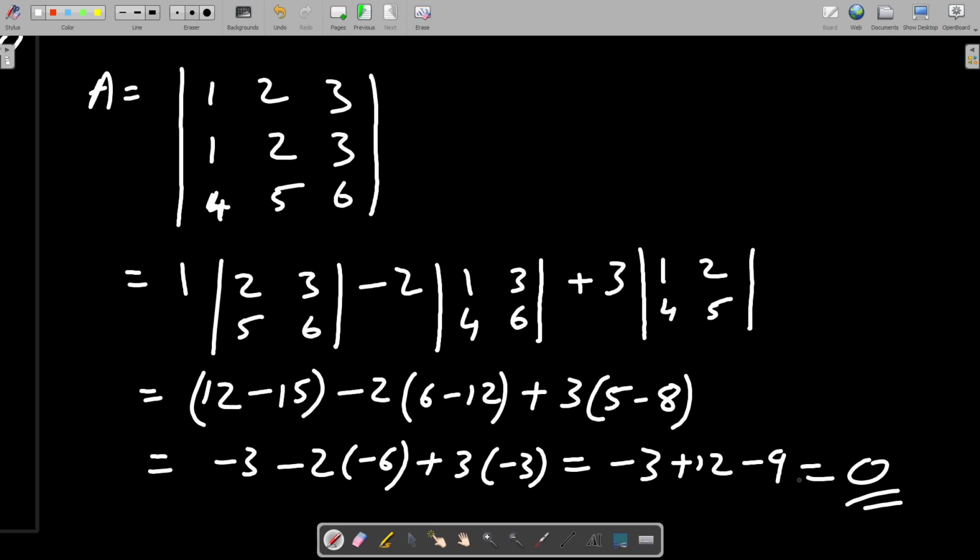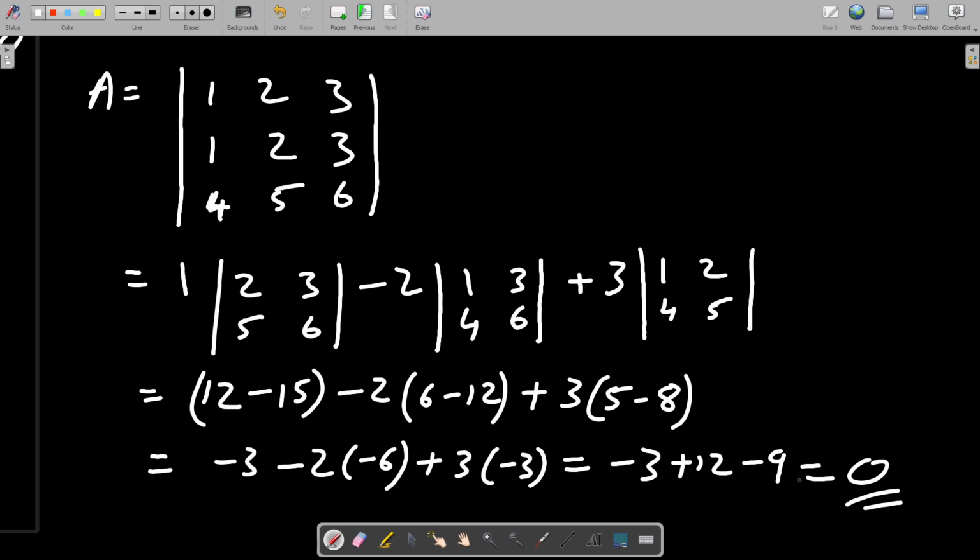So if you realize during exams when you're solving the problem that two rows are identical, or one row is the sum of two more rows, or what else is there?